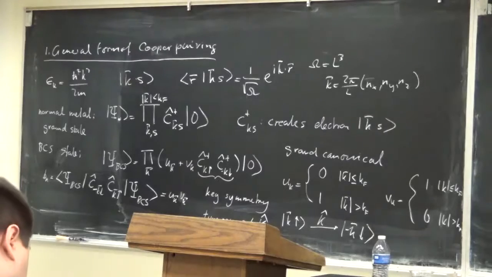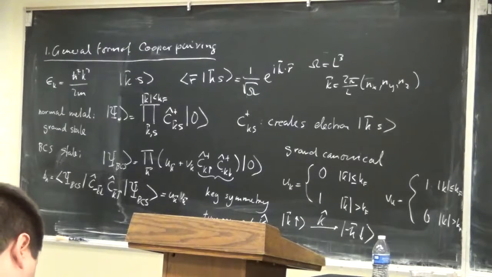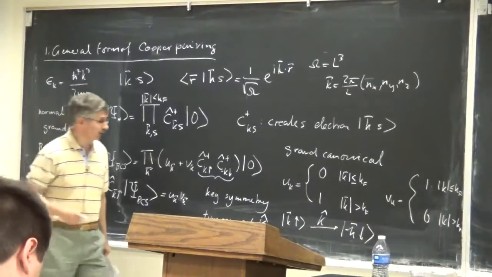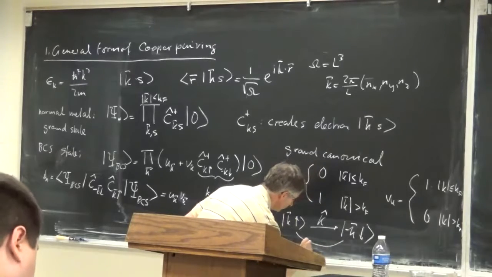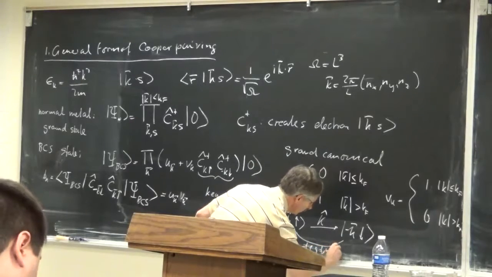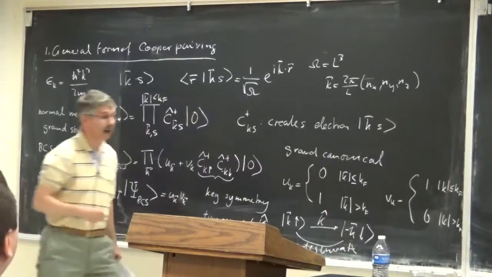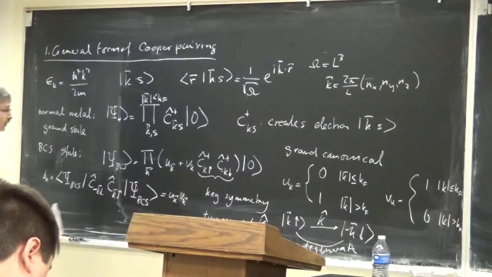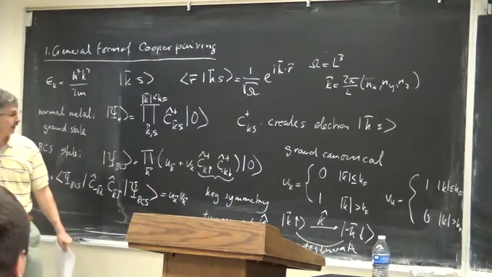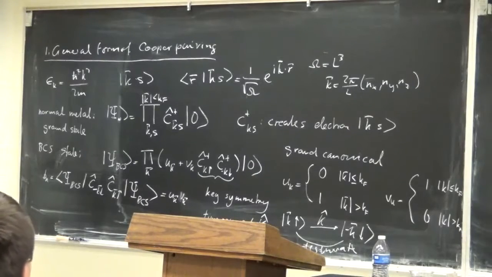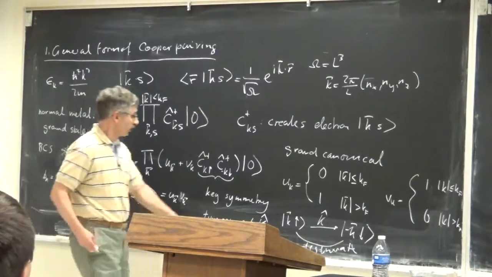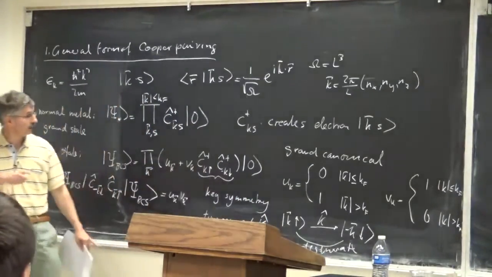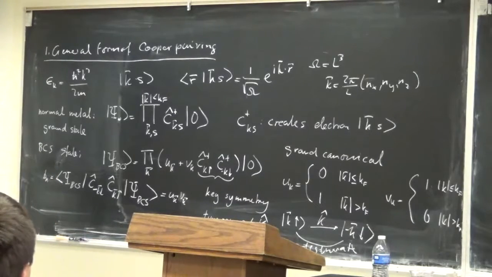If time reversal is a symmetry of the system, then these two states are degenerate, and I can form pairs of these two states. They have opposite momentum, so the total momentum of this pair is vanishing. So this is one of Anderson's conditions to make Cooper pairs in the spin singlet channel. We will come back to that afterwards.